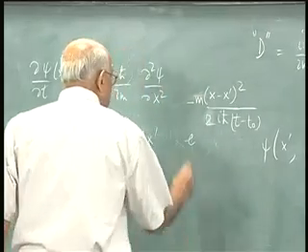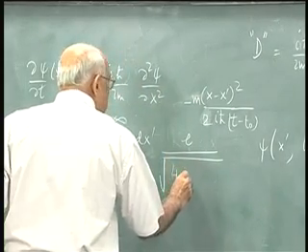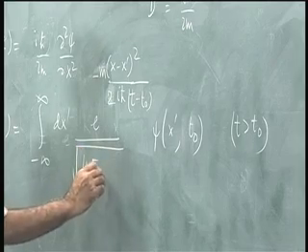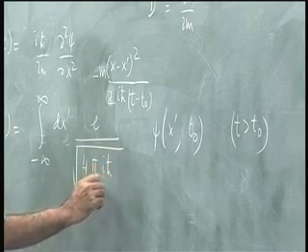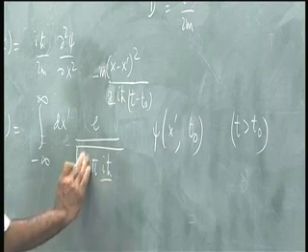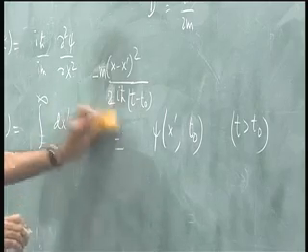And then the normalization, so let us put that in, square root of 4 pi D, where D is i h cross over 2m, gives root m by 2 pi i h cross.